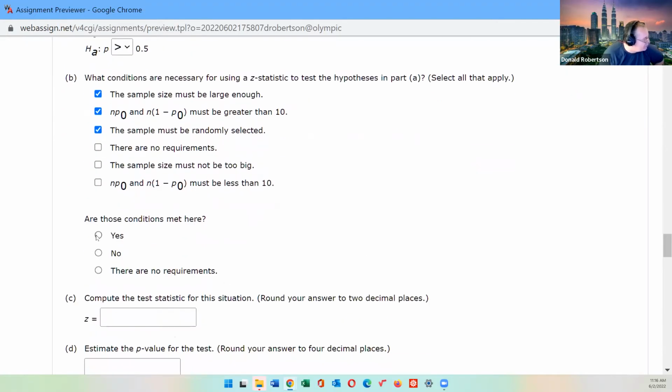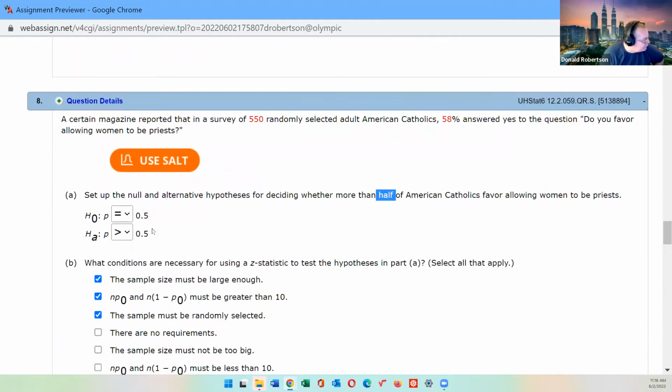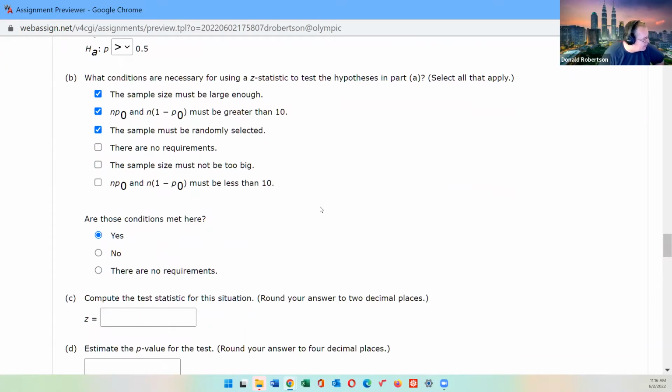Are these conditions met? Yes. Well, I should check them. If that guy is 0.5 and the sample is 550, then that guy times 550 is 200 and more. And that guy times the other number, which also works, is more than 150. And is it big? Yeah. So yeah, they are met.